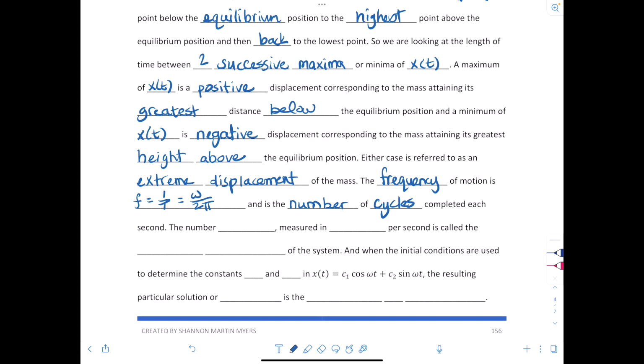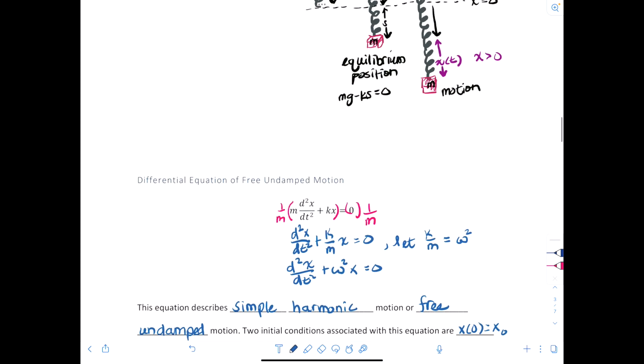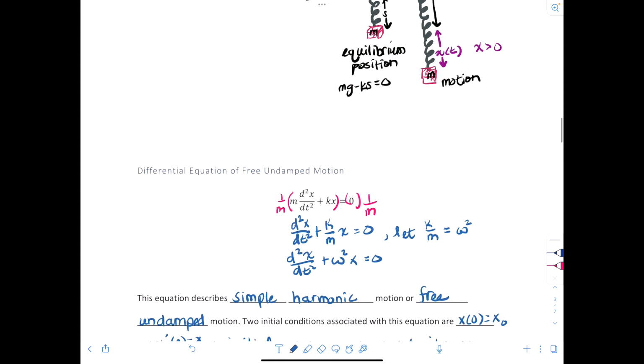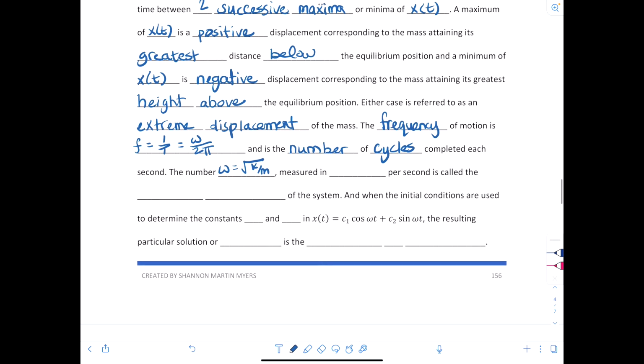The number omega equal to the square root of k over m, and that comes from over here. Remember, we had let k over m be omega squared. And so omega is going to be the square root of k over m.